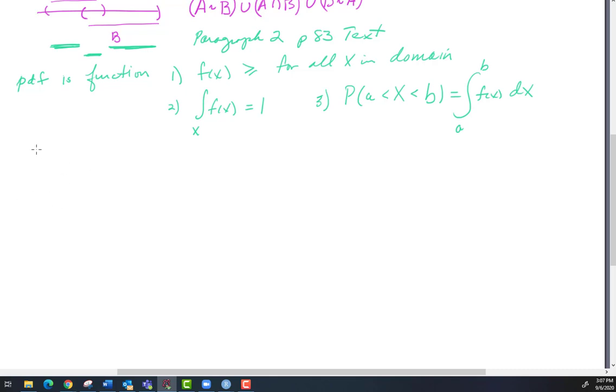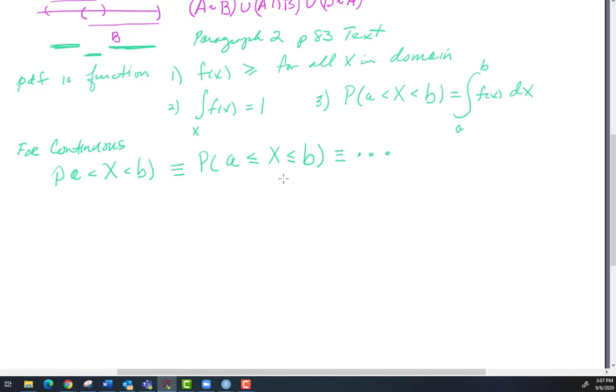It would follow immediately, and worth noting, that for a continuous random variable, the probability that a is less than x is less than b is going to be exactly the same as the probability that a is less than or equal to x less than or equal to b, and there are other ways that you could say a less than or equal to x less than b.